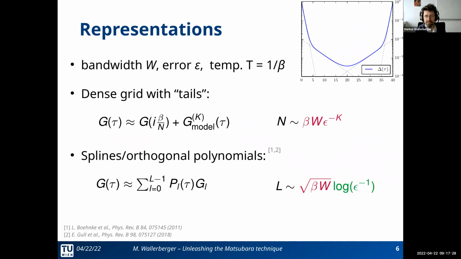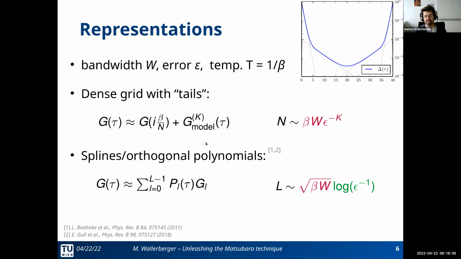Or do you? So that's what you typically do, or the standard method that we use right now is usually a dense grid with tails. So we have a discretization here that is just equal discretization. We take a bunch of points equally spaced, and we attach some model that models this long range behavior. If we think about this, what is the error that we are making here?